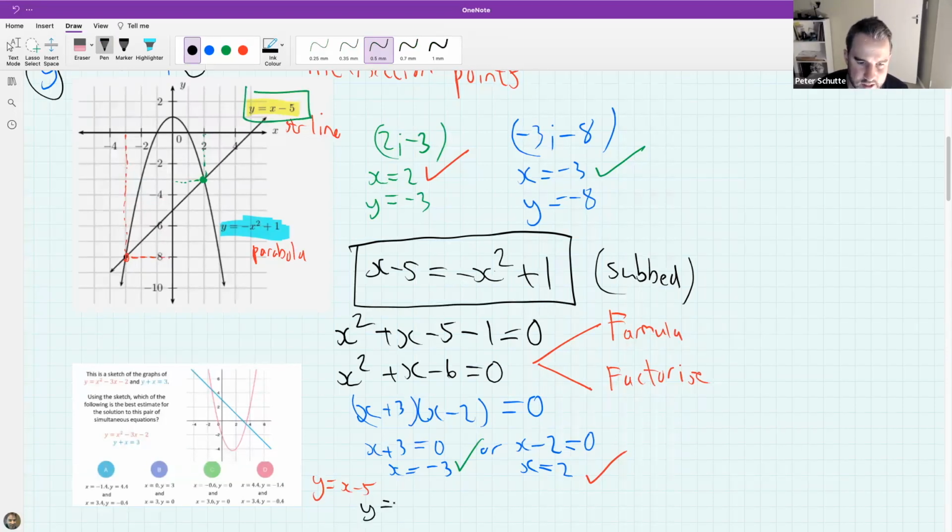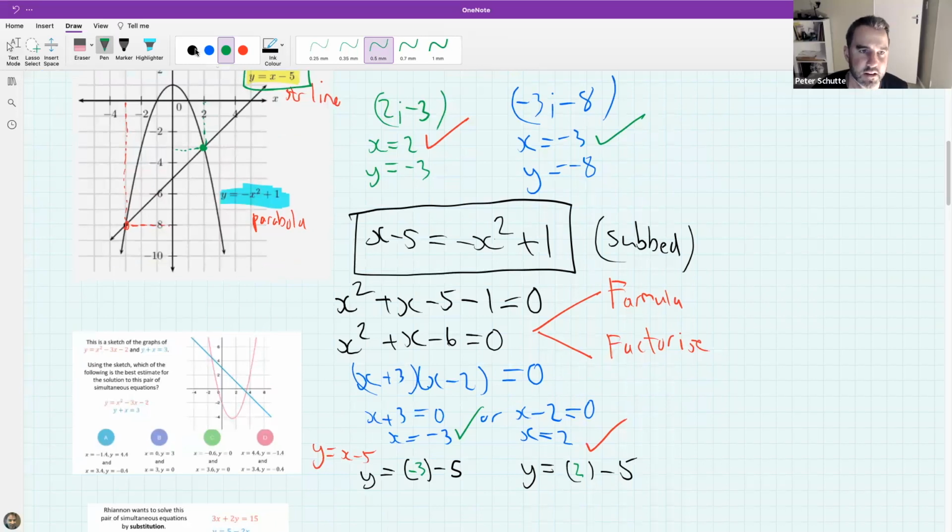I'm going to go y equals something minus 5, and here it's going to be something minus 5. What is that something going to be? In this case, it's going to be -3. In this case, it's going to be 2. And then we're going to get y is -8 and y is -3.